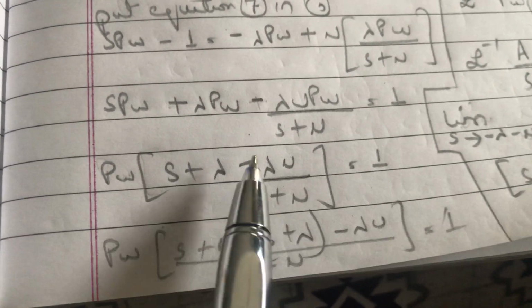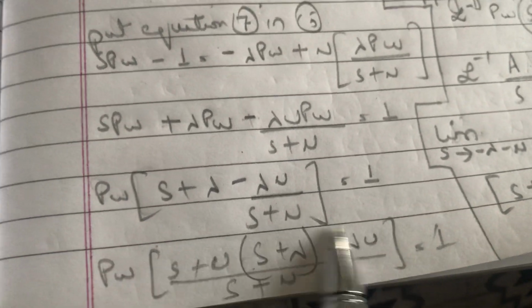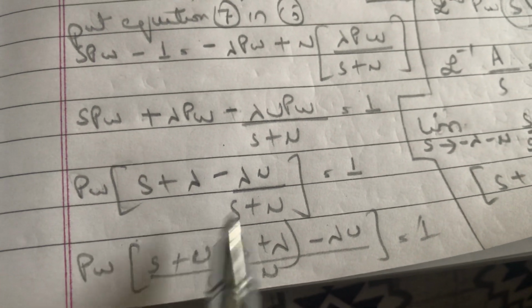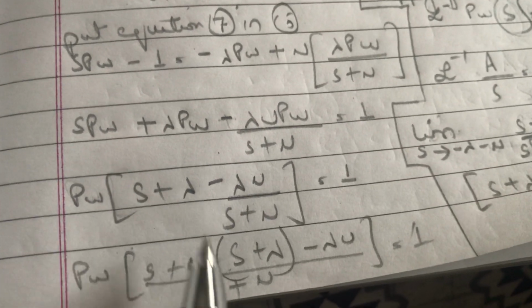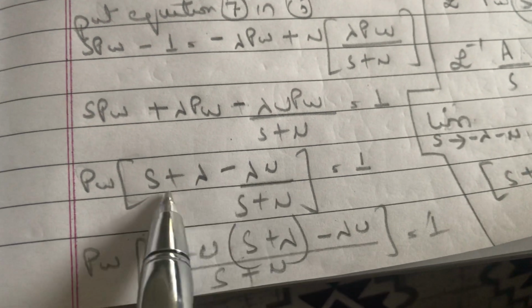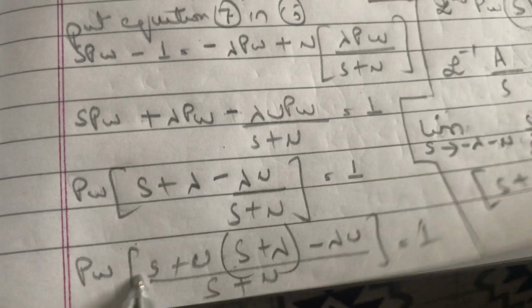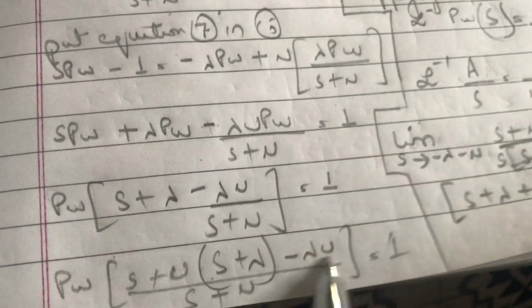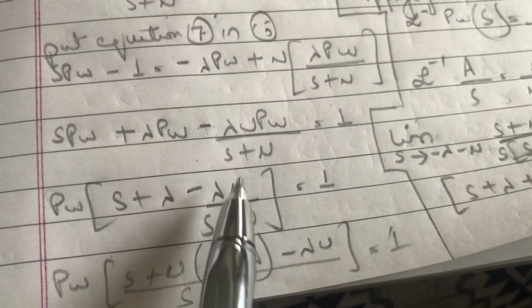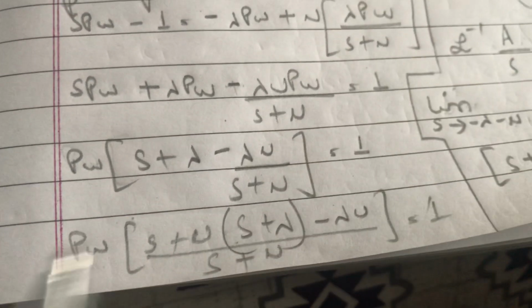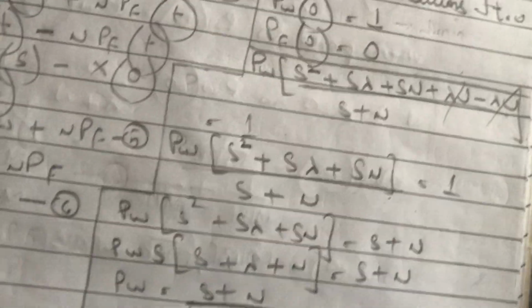First we have to do this LCM thing and bring s plus mu over the other part also, so we multiply s plus mu with the whole term, so s plus lambda, s plus mu multiplication, minus this remains the same as it was already in the denominator here, and s plus mu remains the same, equals 1.